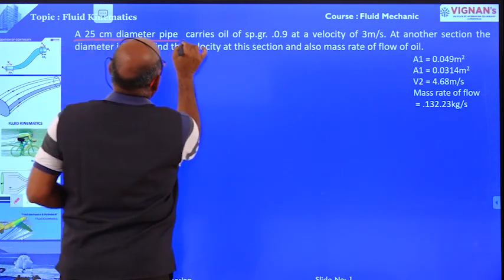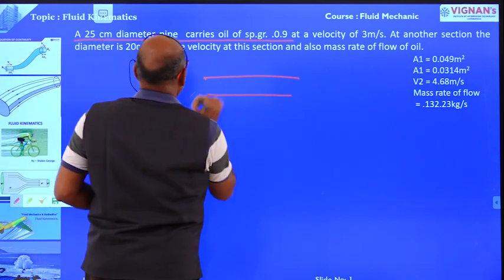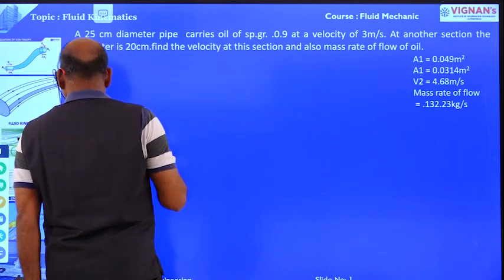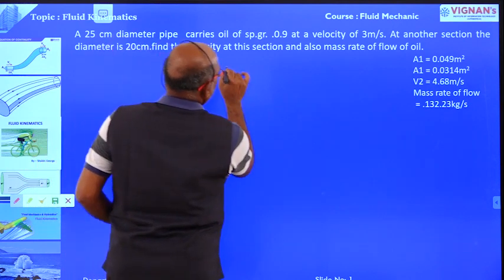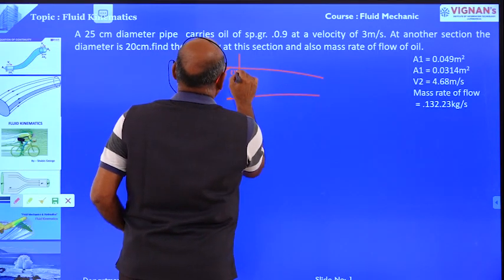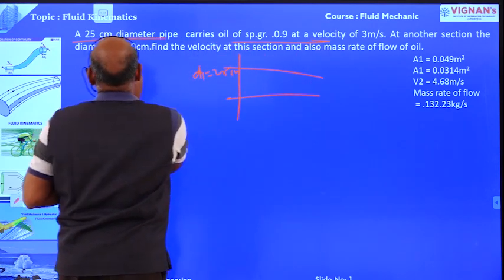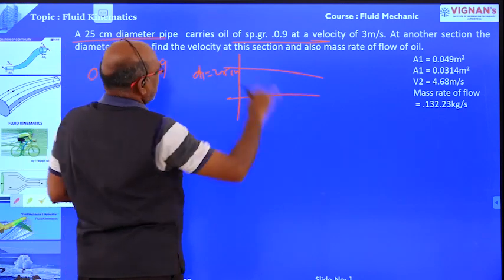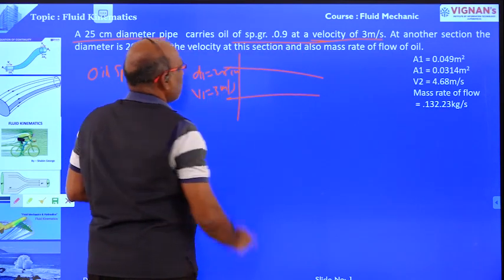A 25 centimeters dia pipe carries oil of specific gravity equal to 0.9 at a velocity of 3 meters per second, and velocity is also given, 3 meters per second.